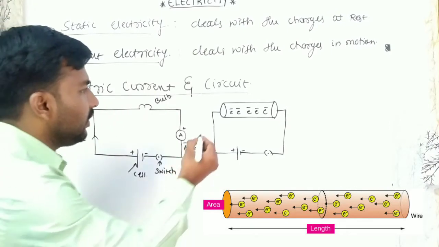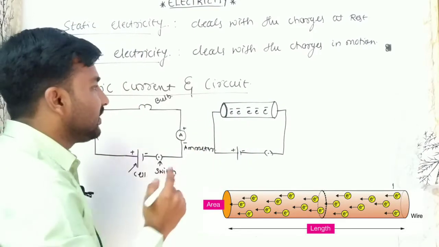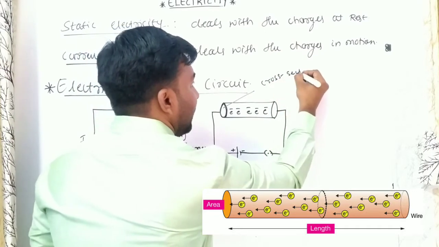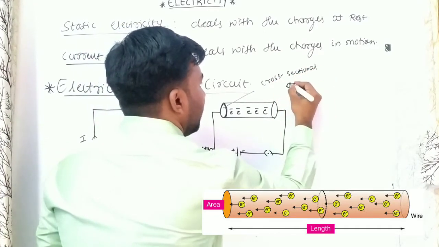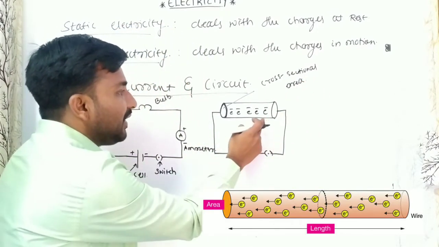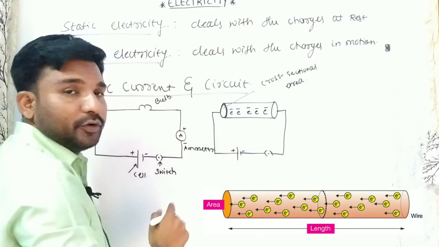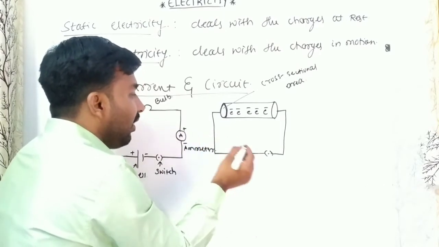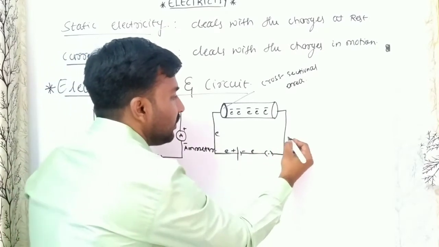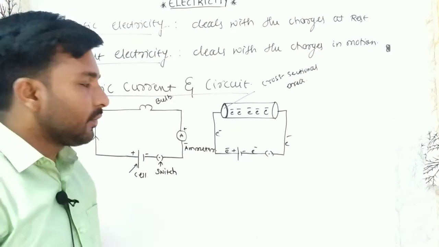Now suppose when the switch is on, this area, we call the cross sectional area of a conductor. When the switch is on, a large number of electrons are in motion, all the electrons in this wire are moving like this.